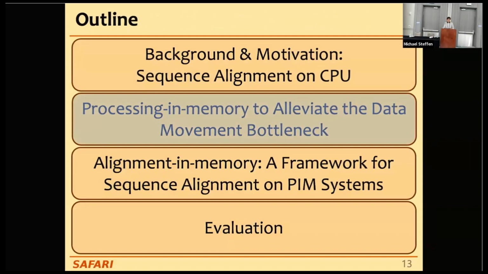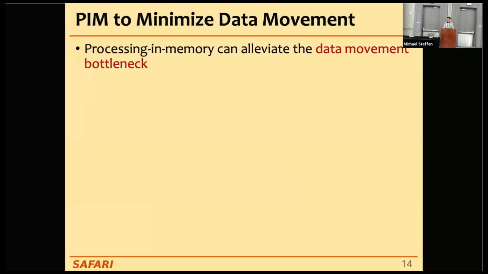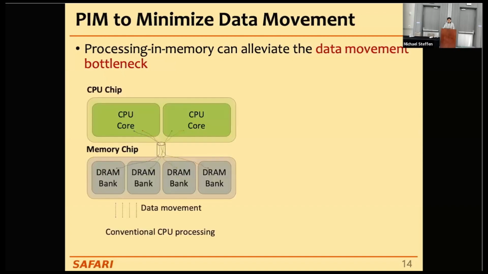And we are going to pose processing in memory as a way of alleviating the data movement bottleneck for these workloads. I'm pretty sure that all of you are already familiar with processing in memory and with the UPMEM PIM system that we have used in this study, because there have been other talks in the workshop, but I'm going to very briefly give an overview.